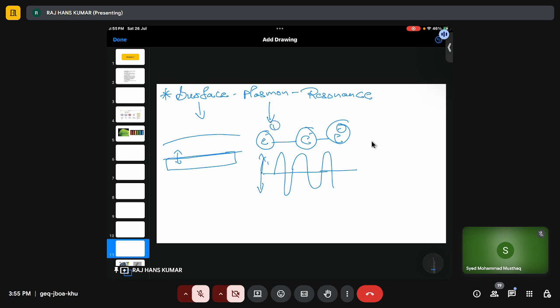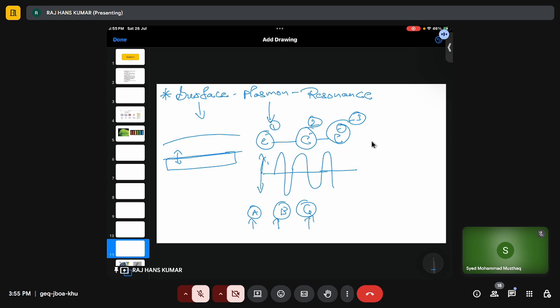And if electron 2 also oscillates in the same direction as electron 1, and electron 3 also oscillates in the same direction, and I collect these oscillations, we call it a collective oscillation. For example, a guy is trying to jump, and B is also copying him and C is also copying him, so all three are jumping.